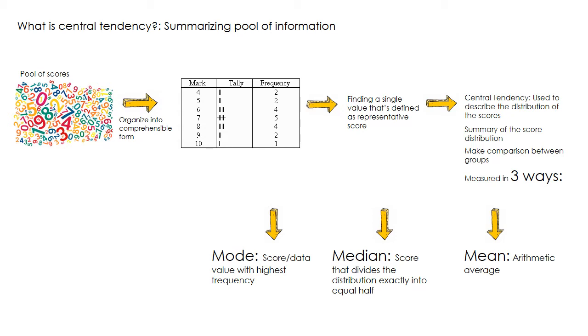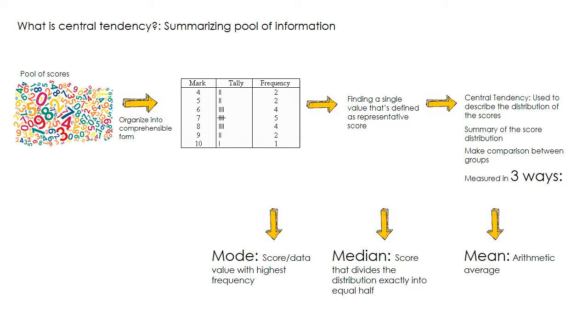For example, in the table above, if you check the frequency, number 7 appears the most. That means number 7 appears 5 times, the highest number of times in the data set compared to other values. So that is one piece of information that we can get.